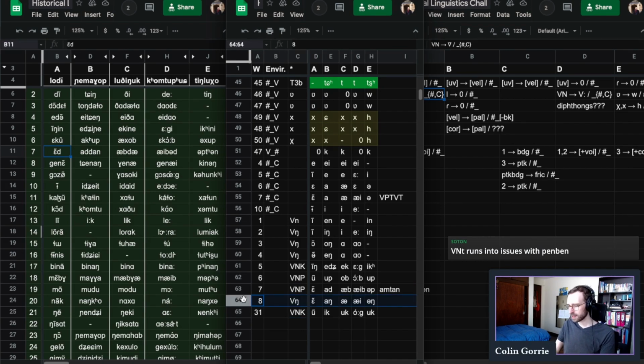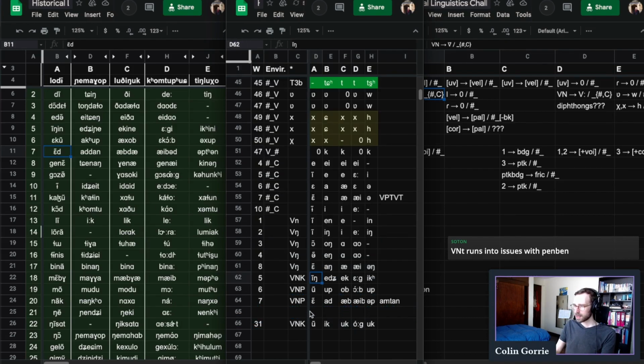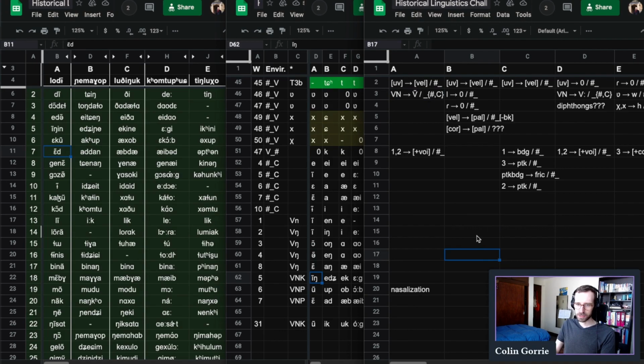So let's get 8 out of here, because that is much more like these. What are our options? Let's use this area as a scratch pad. So we have vowel, nasal, stop sequences. We have vowel, voiced stop sequences.